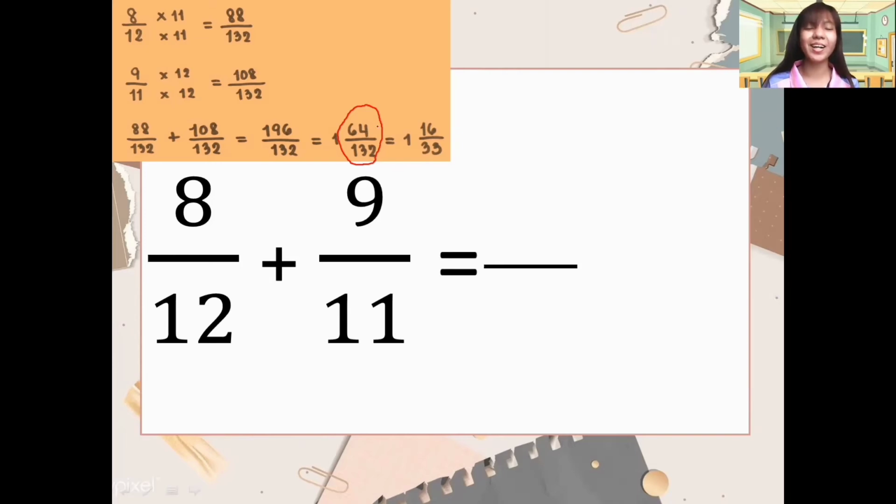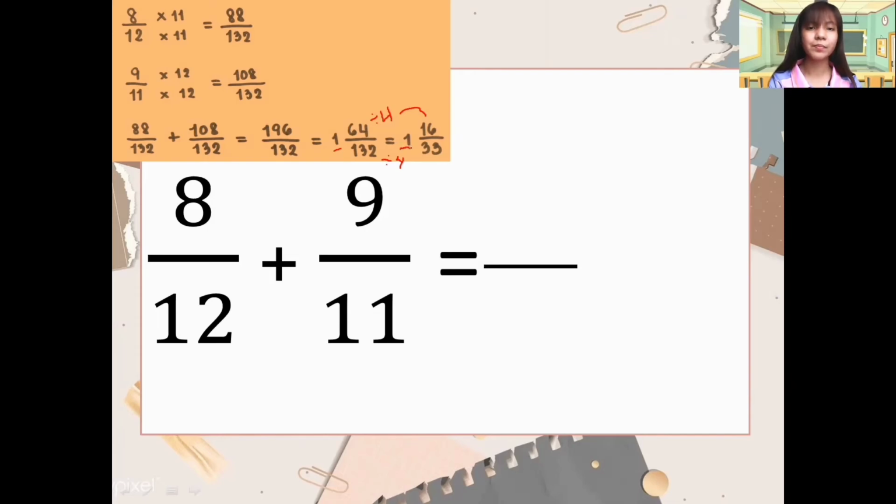Alright, it's 4. So you have to divide both by 4. So 64 divided by 4 is 16. Okay, 132 divided by 4, the answer is 33. So just copy 1.